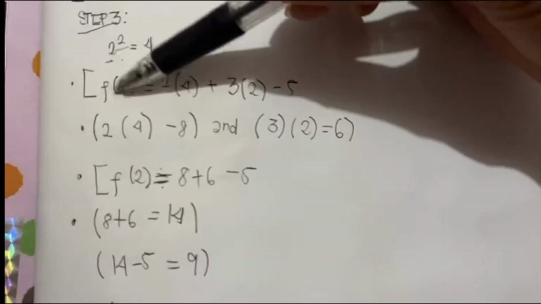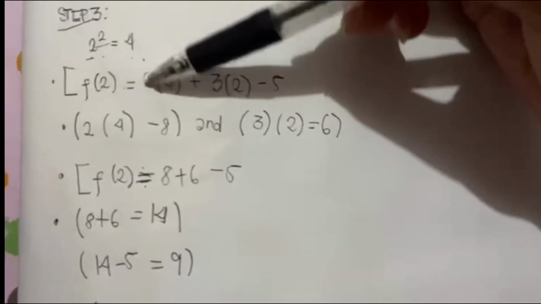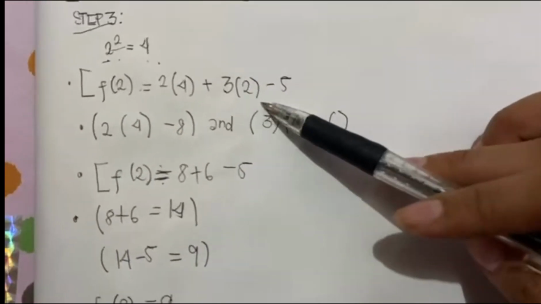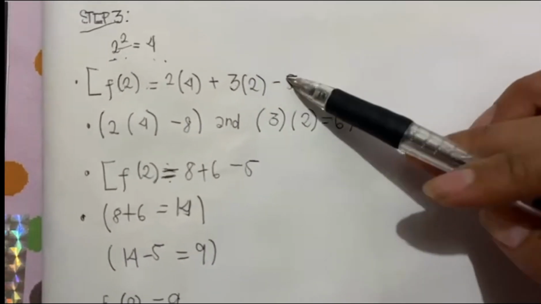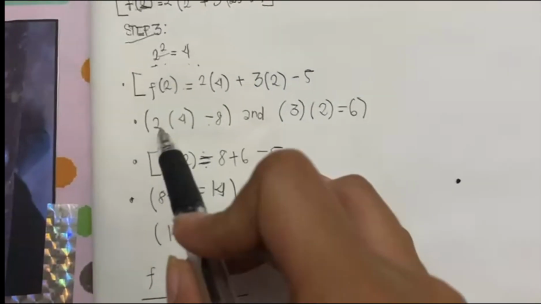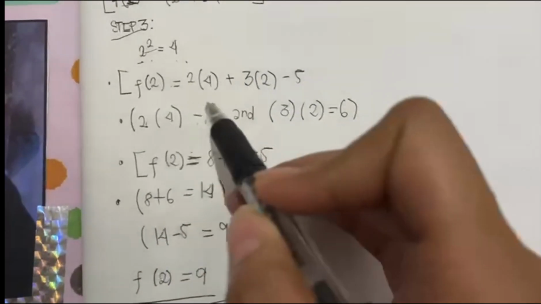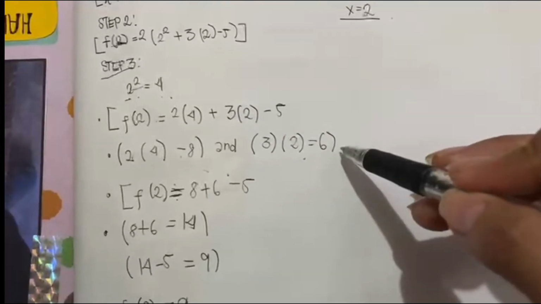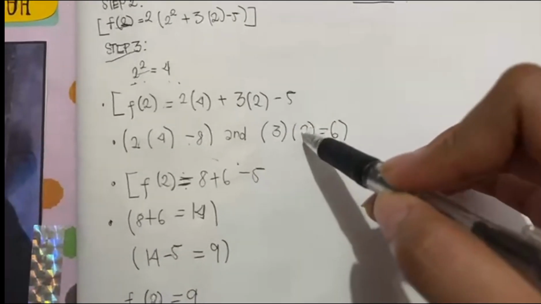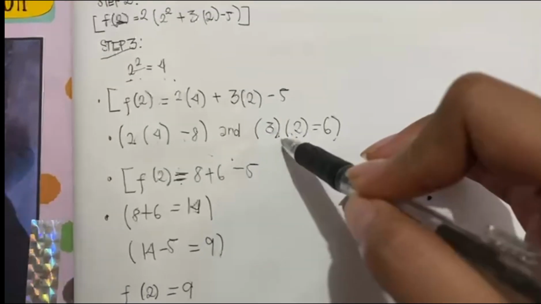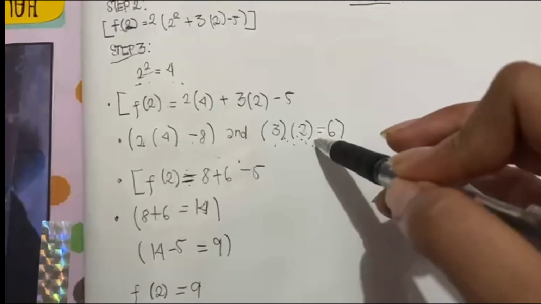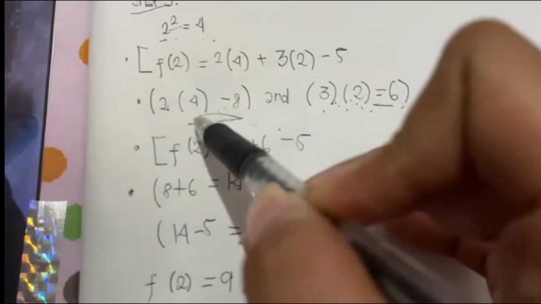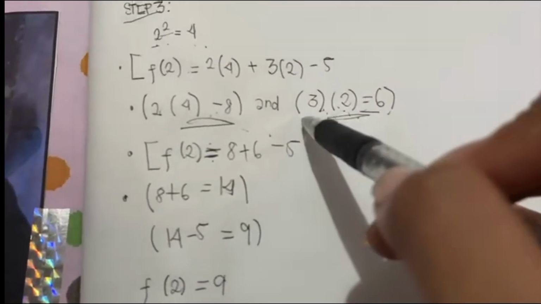So f of 2 equals 2 times 4 plus 3 times 2 minus 5. 2 times 4 is 8, and 3 times 2 equals 6. We solve the first term and the last term.